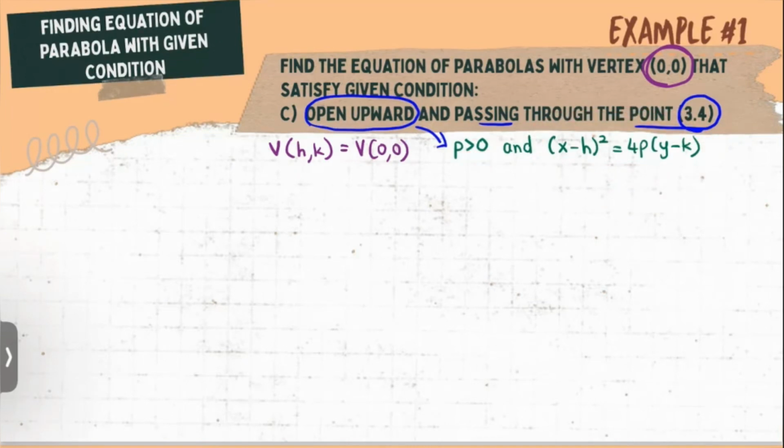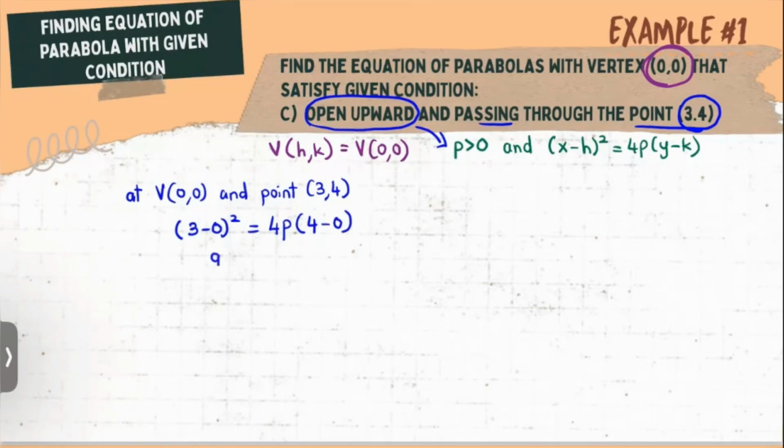Alright, so memandangkan kita dah ada dua coordinates, so just substitute into this formula. So saya cakap kat sini, at vertex 0, 0 and point 3, 4. Saya masukkan point kita dalam this equation. So 3 minus 0 squared equals to 4p, y adalah 4 minus 0.